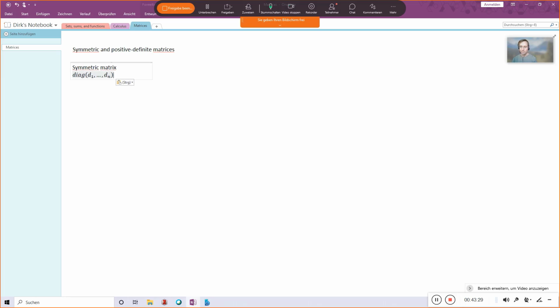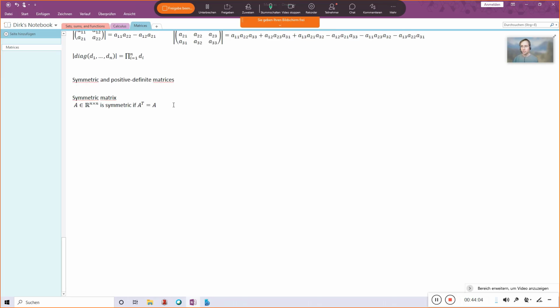If we have a square matrix A, then A is symmetric if the transpose of A equals A. So if we swap around the column and row ordering of A, then nothing changes.